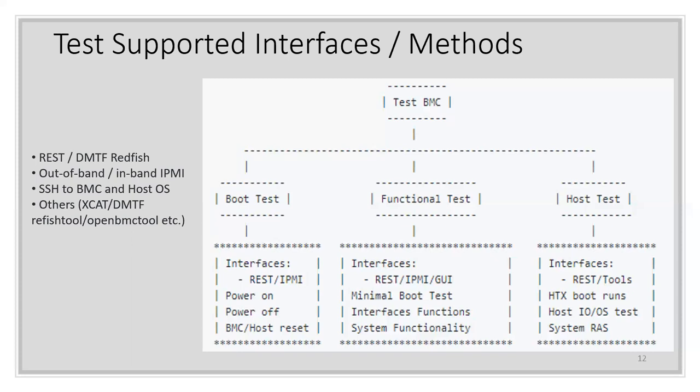So these are the three areas, in a bigger picture, that OpenBMC test is supporting, and will continue to expand over a period of time. Tests will fall into any one of these categories. Like I said, we want to give you the ability to choose and pick.